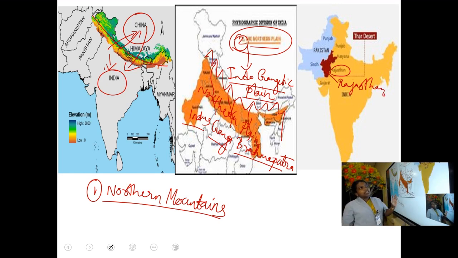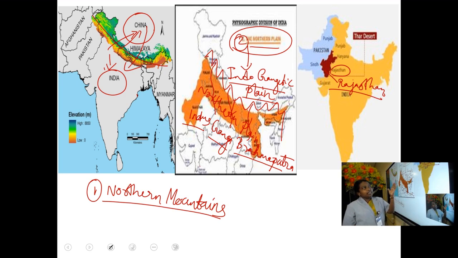A desert is a dry land area which consists of sand or rocks. So, the desert in our country is known as Thar Desert. It is located in the state of Rajasthan.